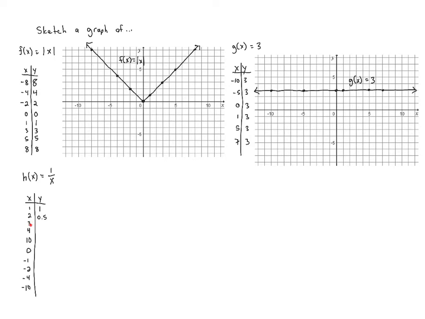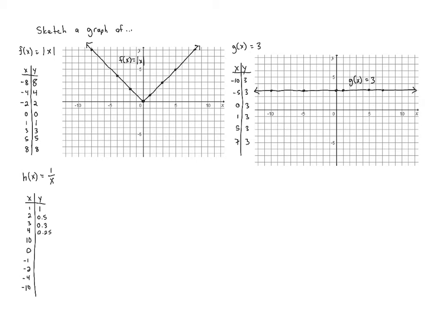If x is 3, that gives us 1 over 3. 1/3 is about 0.3. I'm doing approximations here, and that's fine for graphs. We don't need these points to be exact because we're not robots that can actually tell the difference between 0.3 and 0.333.